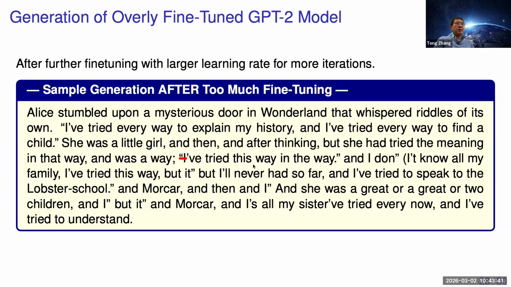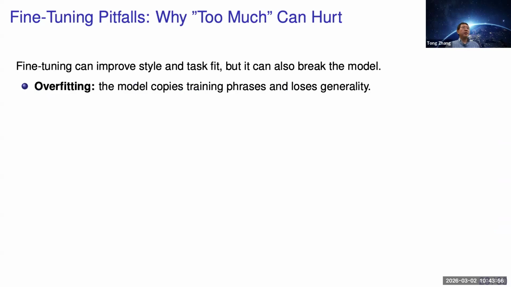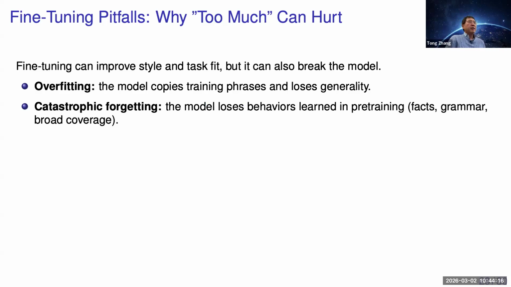So basically, this is what it looks like when you train a language model and you find this kind of behavior. Essentially, this means you're overtuning. Of course, too much can hurt. It just focuses on trying to memorize your training data or fine tune data. You're not going to really do something useful. So copying training phrases loses generality, and repeating phrases is a very clear indication of that.